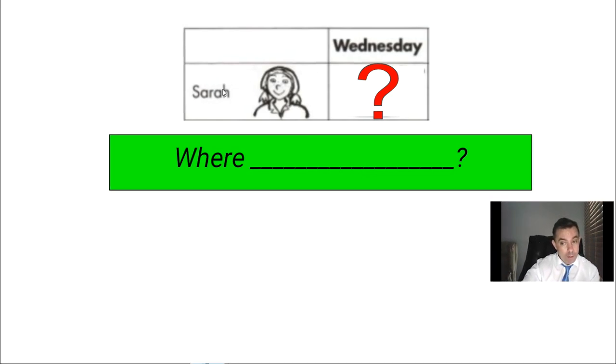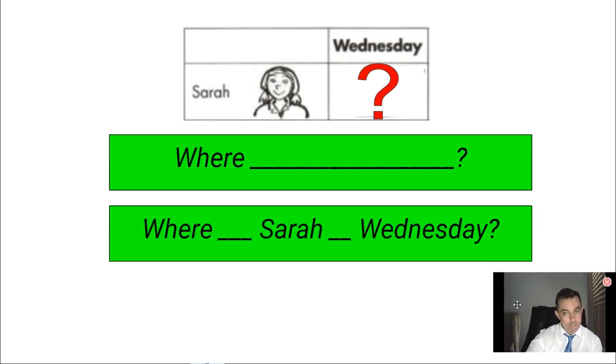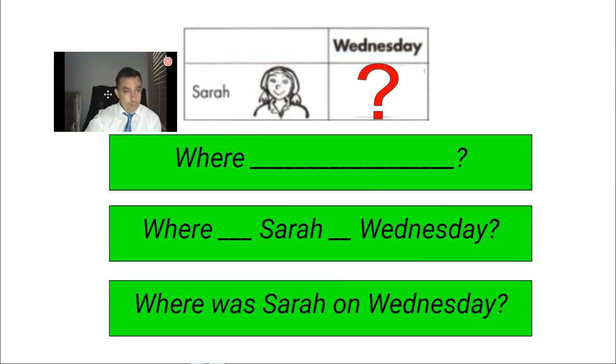What's her name? Sarah? Wednesday. What's the question? Say it if you know it. Where was Sarah on Wednesday? Repeat after me. Where was Sarah on Wednesday?